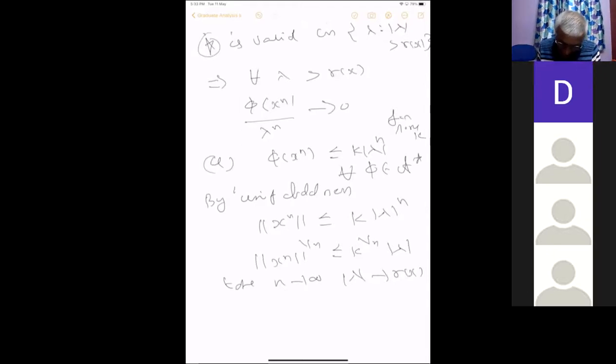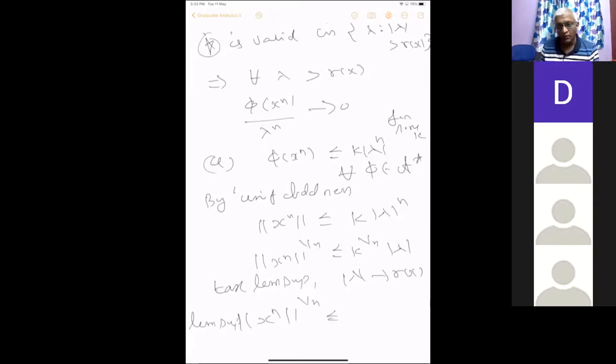Limit may not exist, so I take the lim sup here. That implies lim sup (norm x^n)^(1/n) is less than or equal to mod lambda, since k^(1/n) goes to 1.